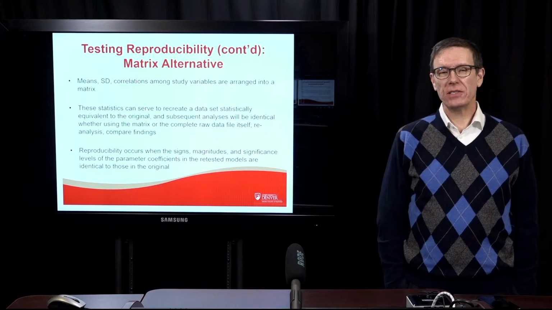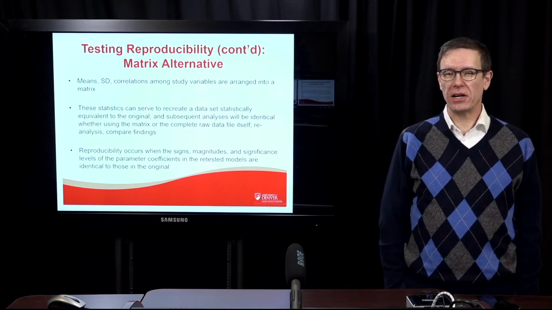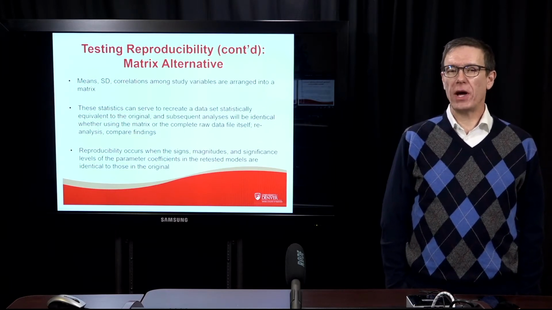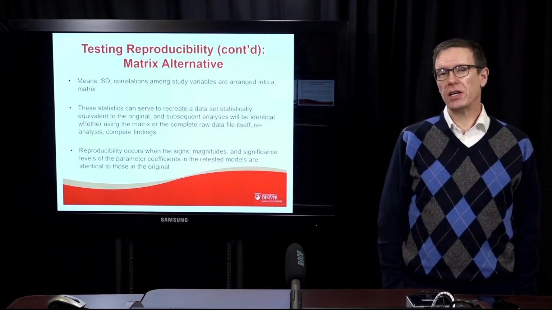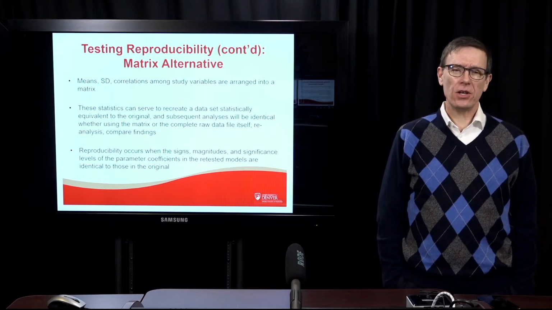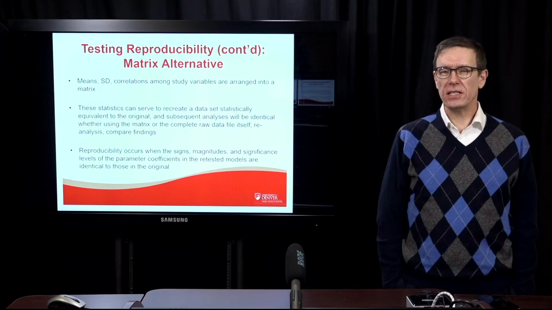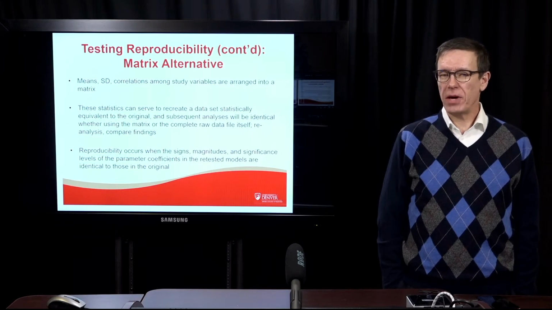But in essence, we take the means, standard deviations, and correlations among study variables from a focal study and arrange them into a matrix, the typical data matrix that we see as Table 1 in many empirical articles. We then can use these statistics to recreate a data set that is statistically equivalent to the original. And any subsequent analyses will be identical using that matrix relative to the raw data itself.